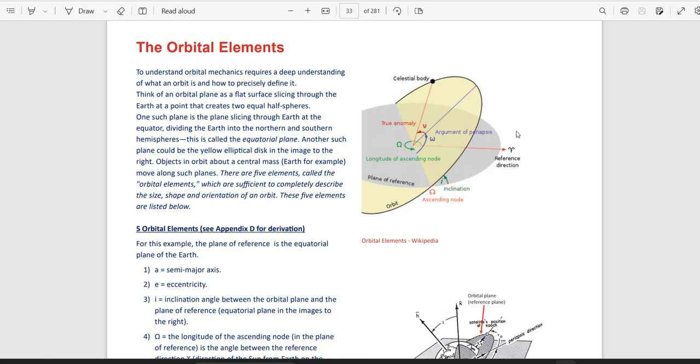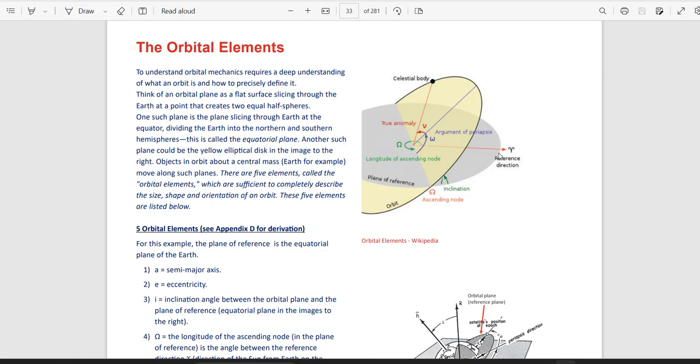Another such plane could be the yellow elliptical disk right here. Objects in orbit about a central mass, say Earth, would move along such planes. So you might have a satellite, or here a celestial body, taking this orbit about Earth, which is here at the center, and the gray is the plane cutting through the equator of the Earth.